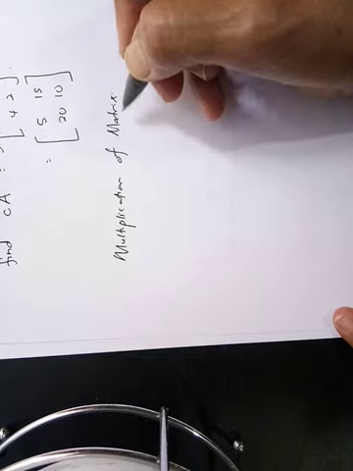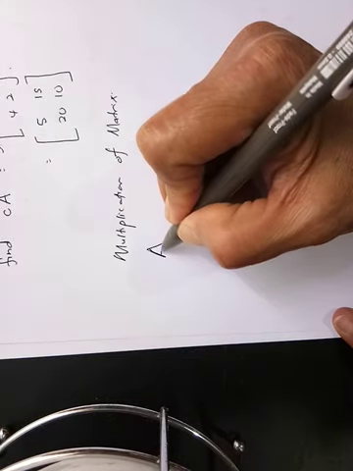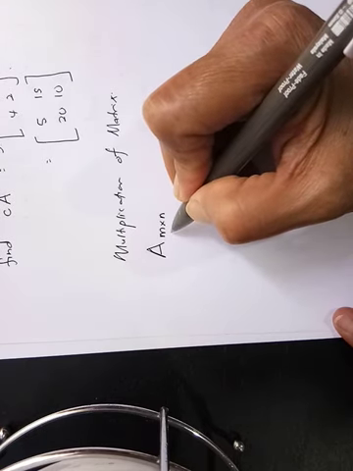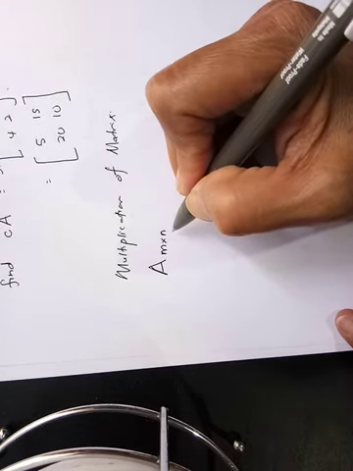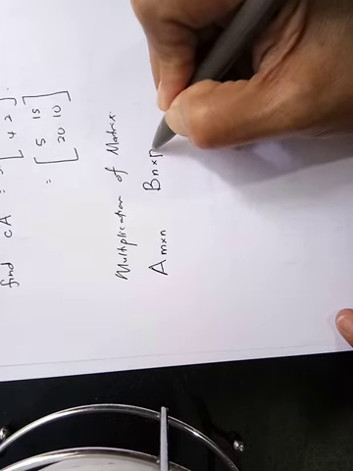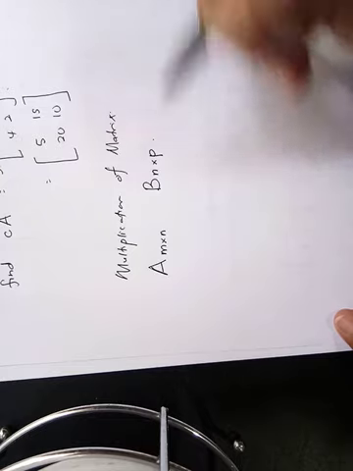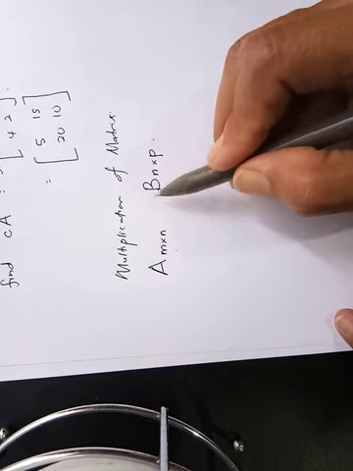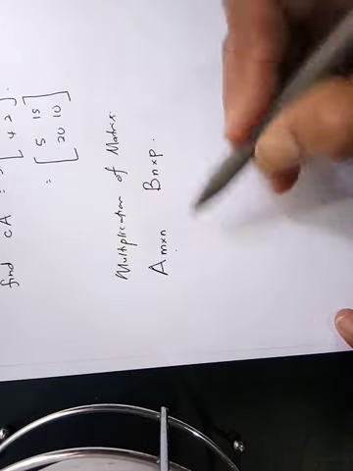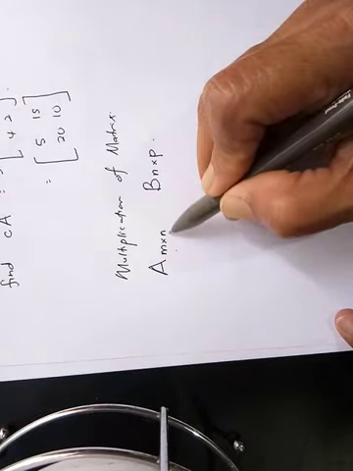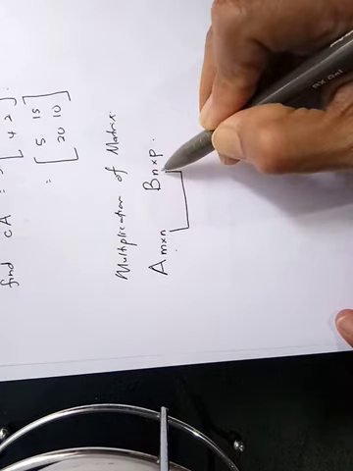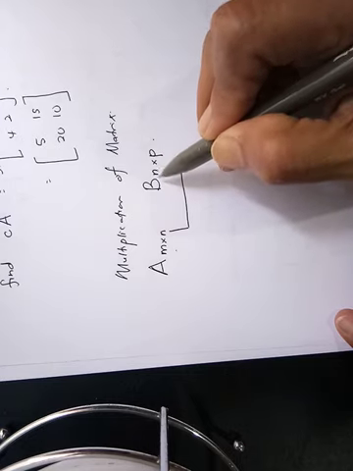Okay, for multiplication of matrix, let's say matrix A is given of order m times n, m is the number of rows and n is the number of columns, and B is a matrix of order n times p. So A can only multiply by B if the number of columns in A equals the number of rows in the second matrix.